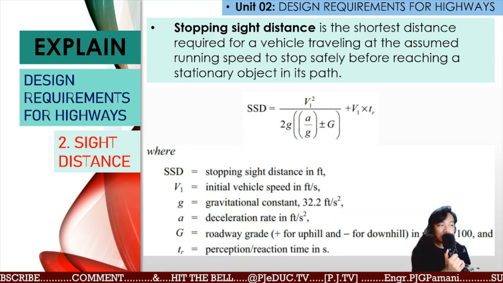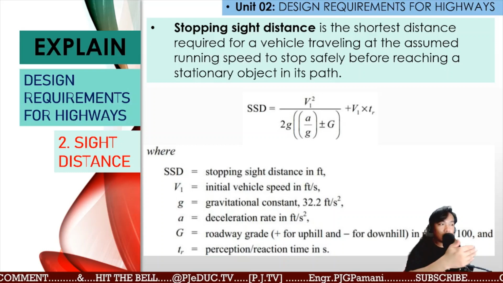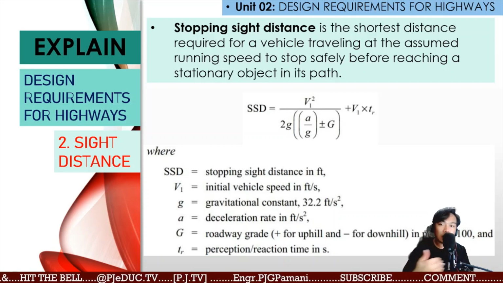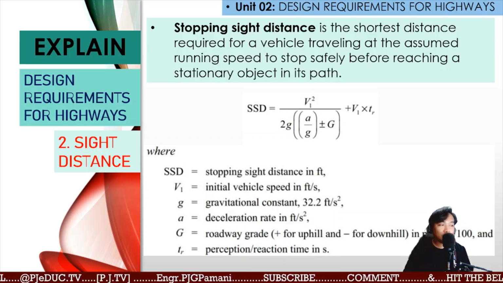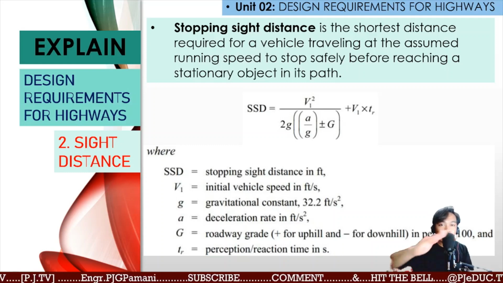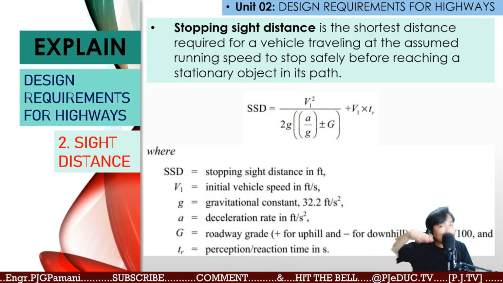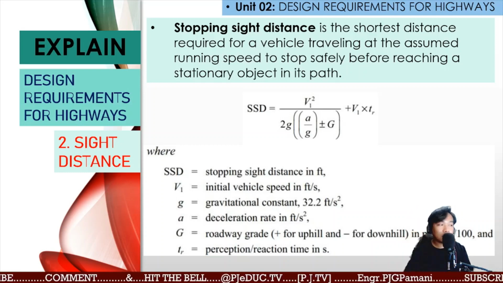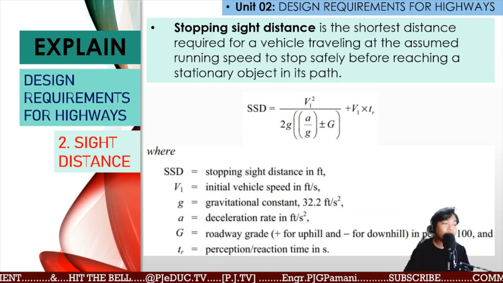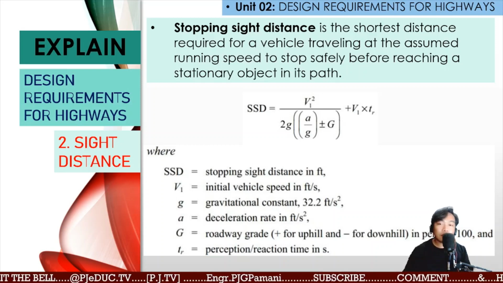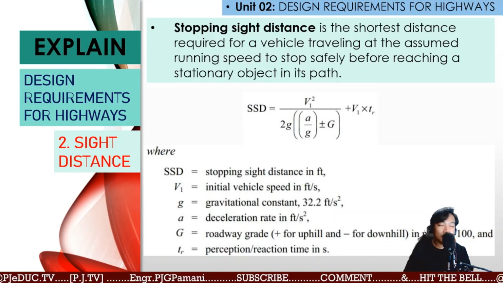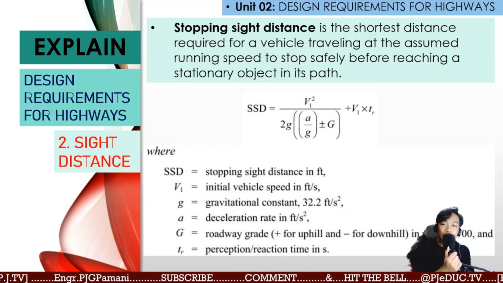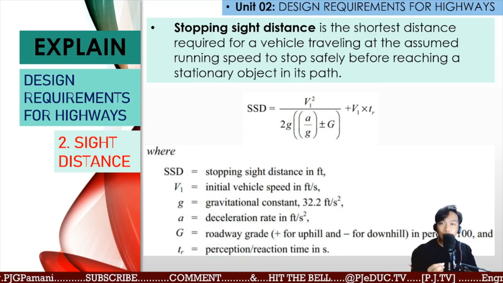Then a is the deceleration rate. And G is your roadway grade, the inclination of our roadway as a vehicle passes through it. If it is uphill, that is a positive grade. If it is downhill, that is a negative grade, divided by 100 for percentile rating. Then t sub r is your perception, which is what we call reaction time.